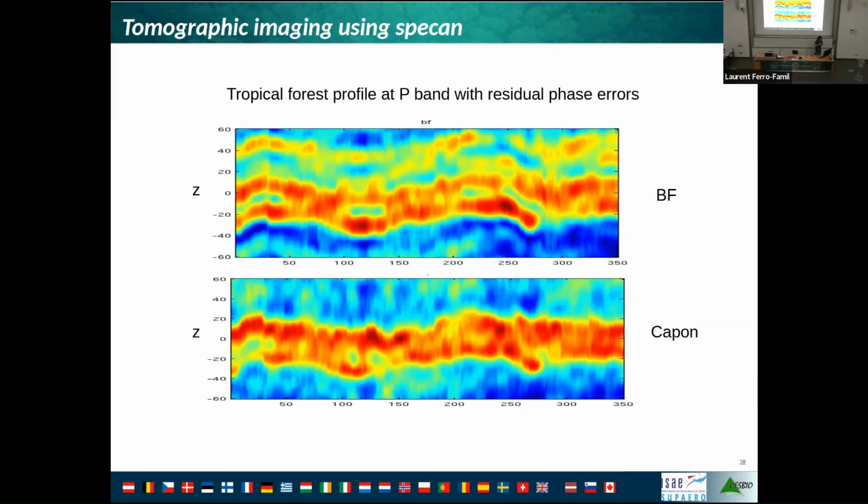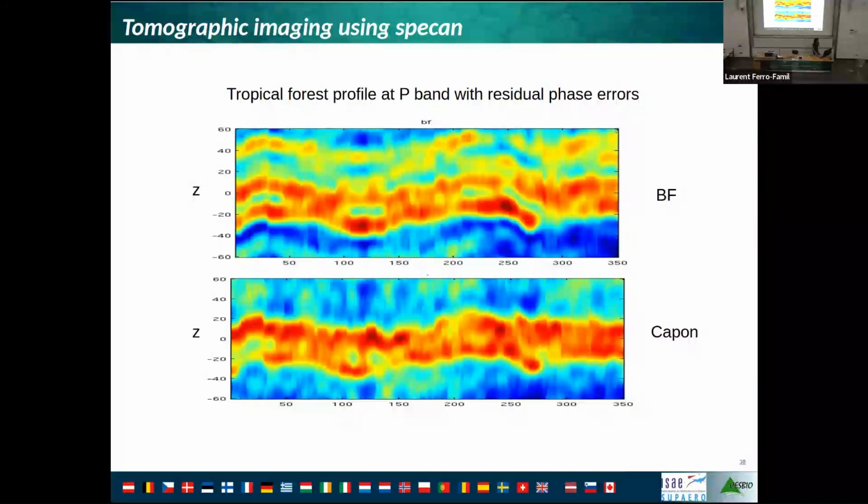People who process the data try to compensate all these errors, but sometimes there are some remaining very small phase screens that may affect the quality of your tomographic focusing. In this case, these phase screens create a replica. Here I have the top of the forest, and here a replica of this top some meters higher. This is just due to phase errors.